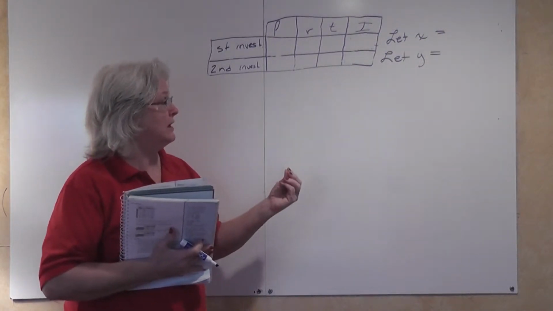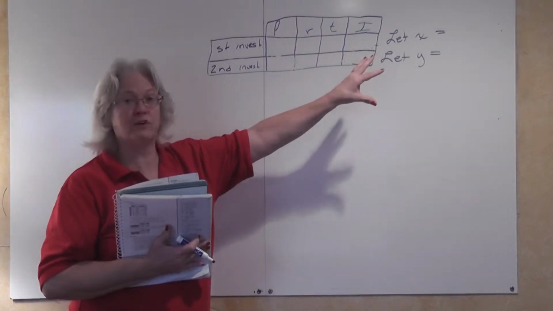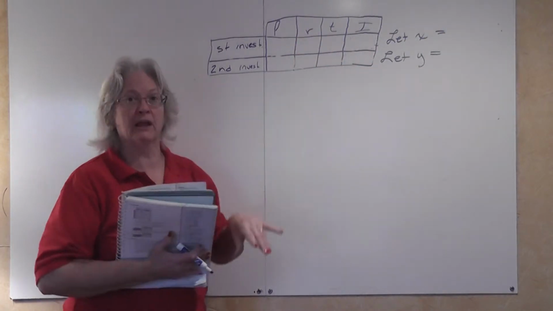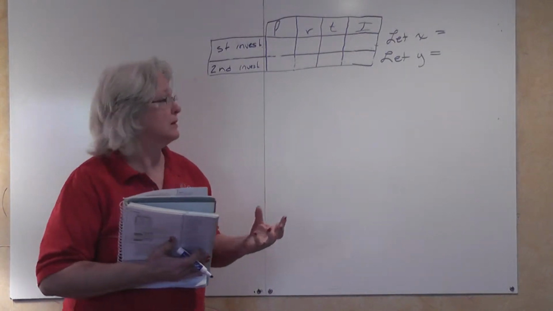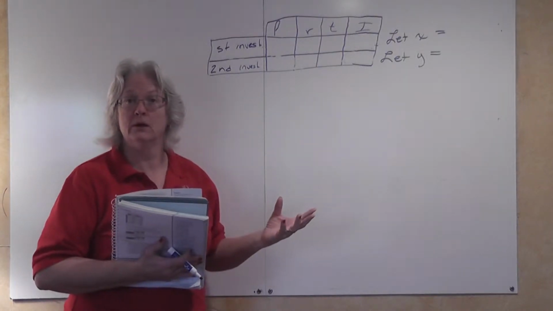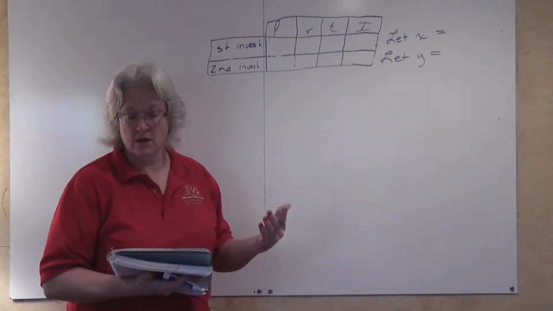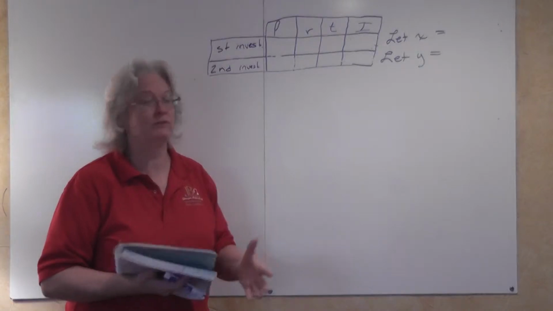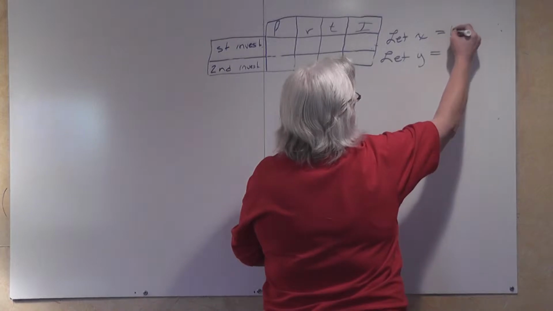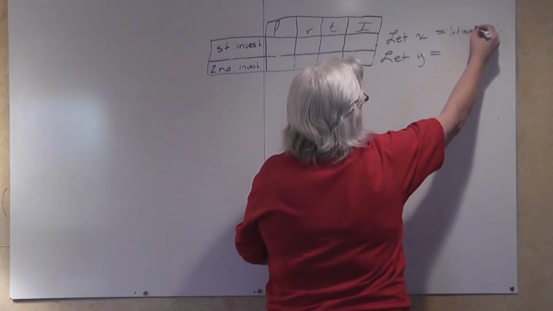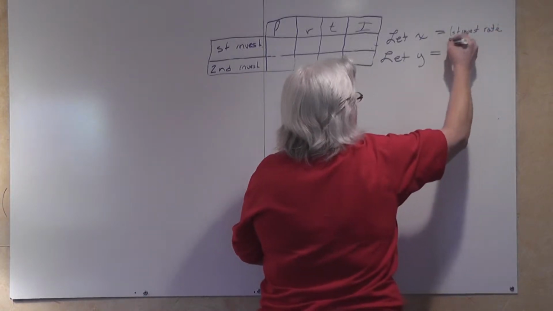It's time to go ahead and define what we're going to use our variables for, fill in our chart, and then we can come up with two equations that we're going to solve simultaneously. First, what do we want x and y to be? Refer back to the problem and see what they're asking for. The last sentence says, what is the interest rate for each investment? So let's have x be the interest rate for the first investment. And how much money is invested at that?